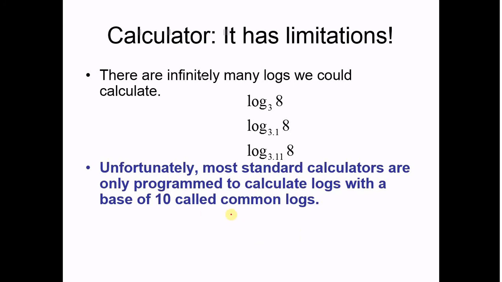This is known as the common log. So your calculator, if you find your log button, which we'll have to find tomorrow, will only be log base 10. Now, some calculators have started coming out that have a base programming. If that's the case, good, you can use that. If not, you're going to need to use this formula.